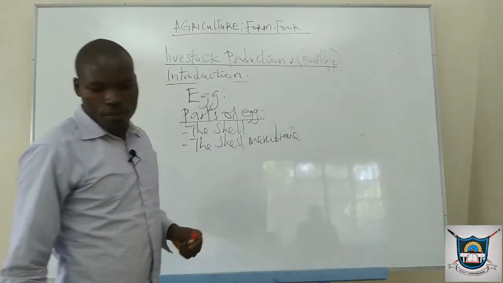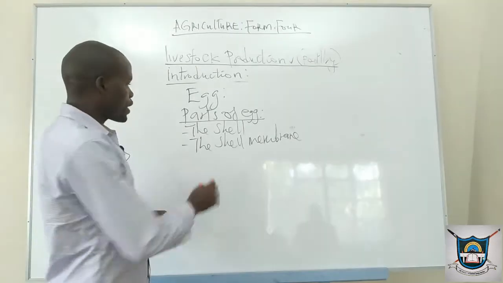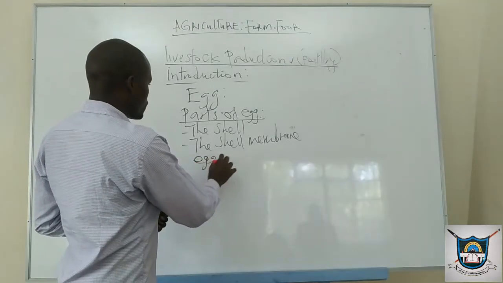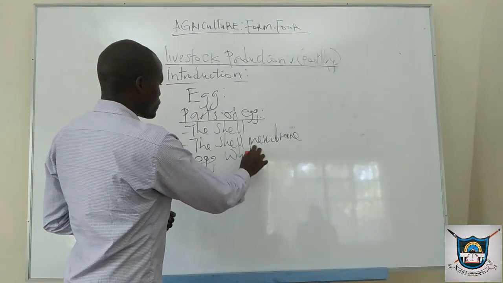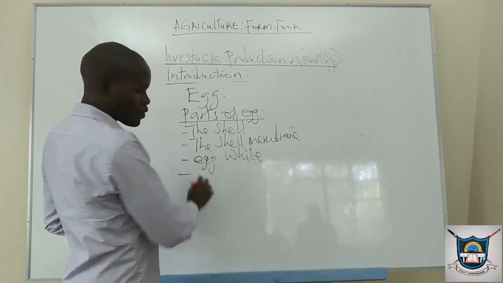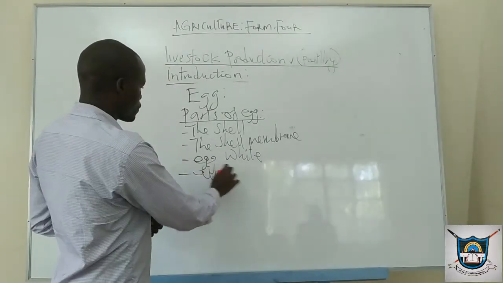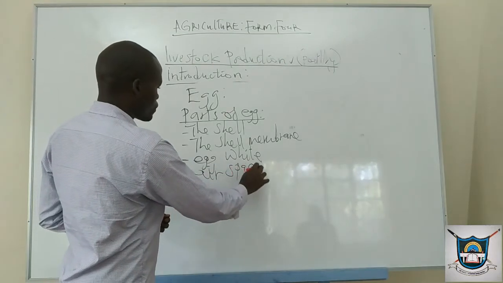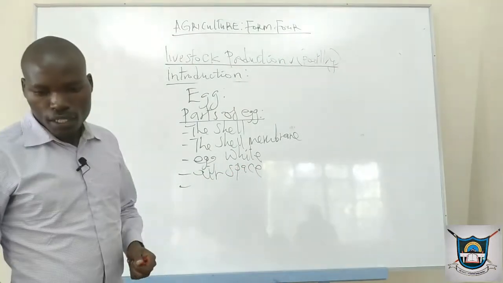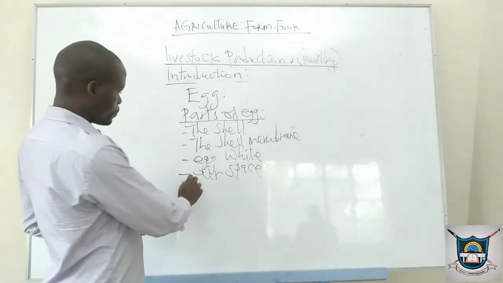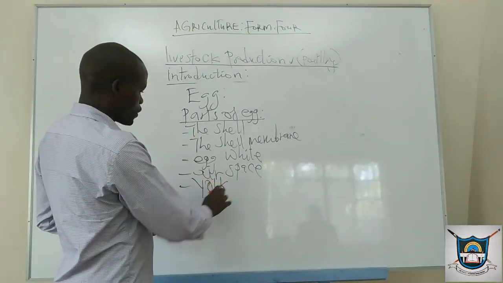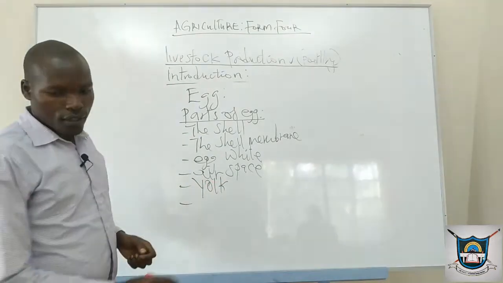The other parts are the egg whites, the airspace, the yolk, and lastly the chalaza.